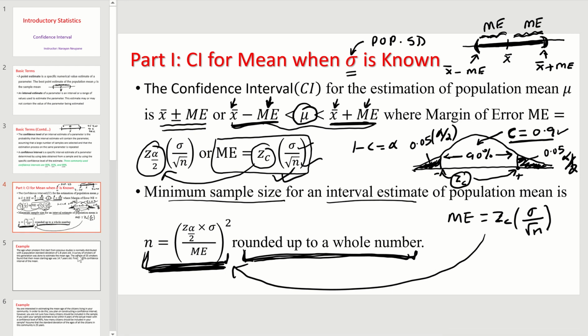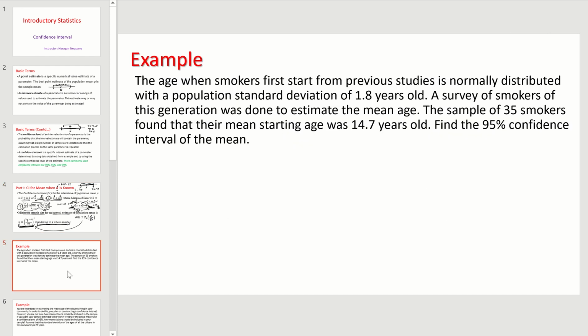Okay, so based on this, let's take two examples for this video. First example, let's see what is given. The age at which smokers first start, from a previous study, is normally distributed with a population standard deviation of 1.8 years. That is your population standard deviation sigma.